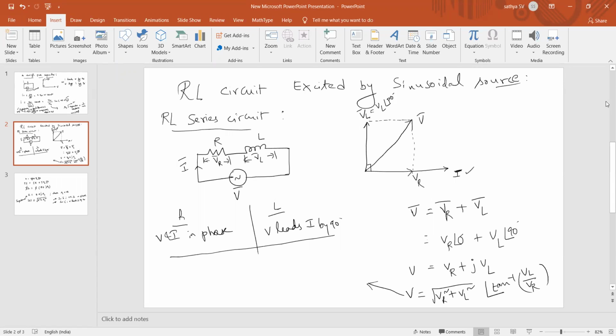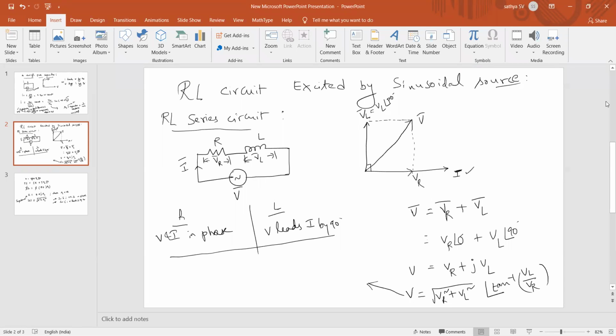Therefore, first I need to draw for the resistor, that is the relation between VR and I. For a resistor, we know already that V and I are in phase. So immediately VR should be in phase with the reference I. And then the next component present in the circuit is the inductor. For an inductor, always current lags or voltage leads. So VL is leading with respect to the reference I by an angle of 90 degrees.